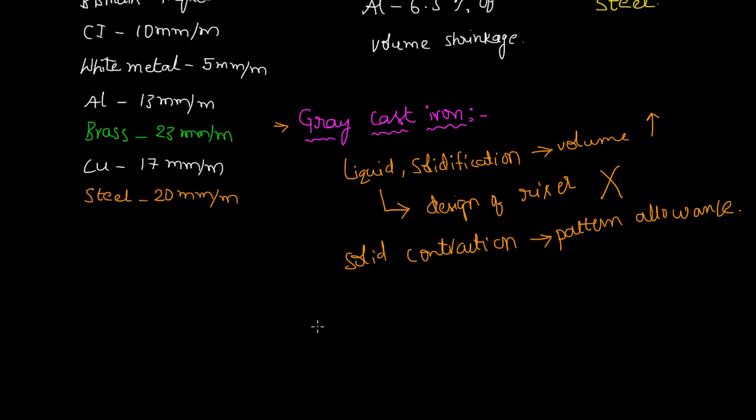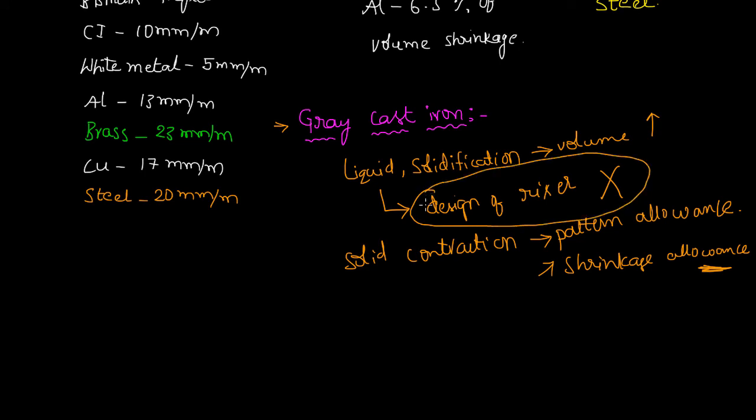Because of the presence of carbon in free form of graphite flakes in the solid stage, there is a possibility of contraction of the material. To overcome this, shrinkage allowance is provided. That is what pattern allowance is, that is shrinkage allowance. Right? There is no need of designing a riser. This is an important objective question in the IES exam. Please remember this thing, right?